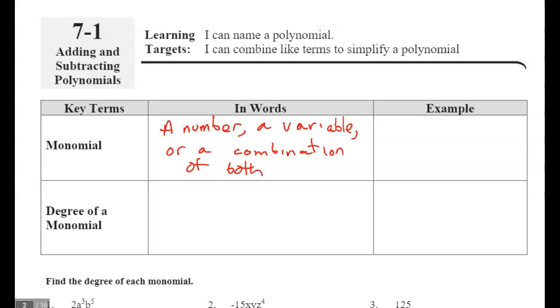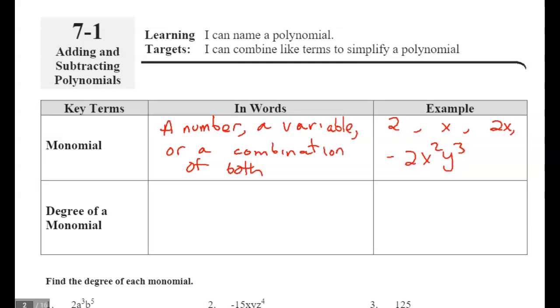A number, a variable, or a combination of both. So some of these examples, you could have a 2, you could have an x, you could have a 2x, and then we could even have something a little more elaborate, like negative 2x squared y cubed, kind of pulling on some of the things we did last chapter with some bigger monomials.